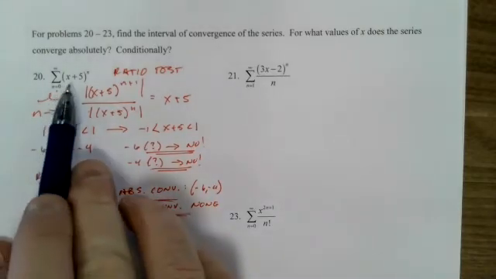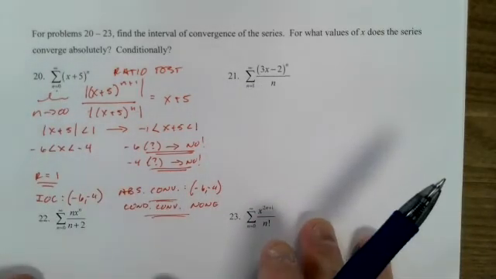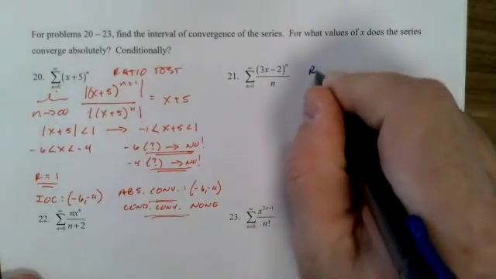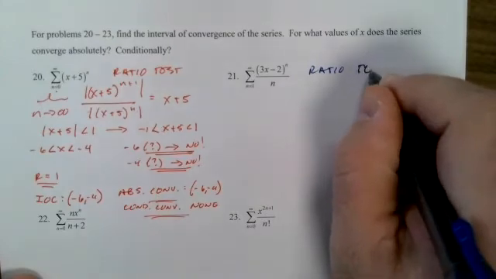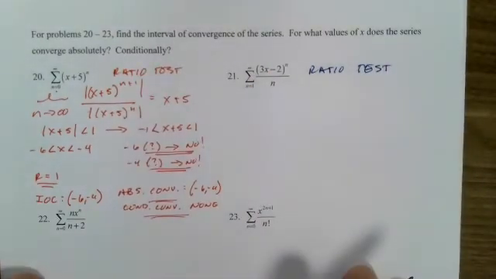All right, so just notice there's nothing on the bottom. Here there's an n on the bottom, so yeah, this is where things get a little more interesting. Ratio test. And by the way, I shouldn't really have to write this. If you're asking for interval of convergence, we're doing ratio tests.